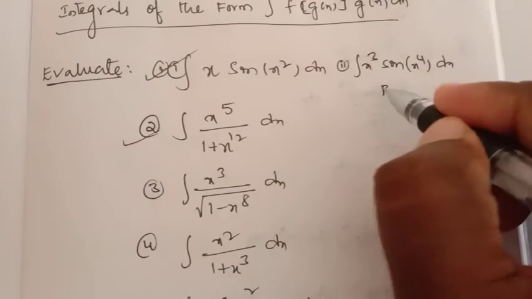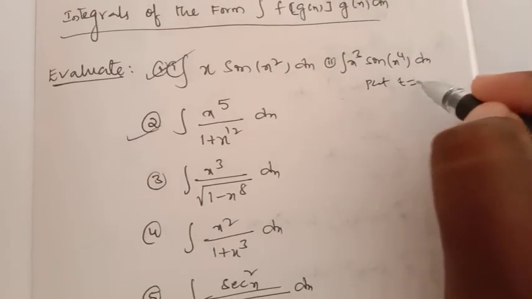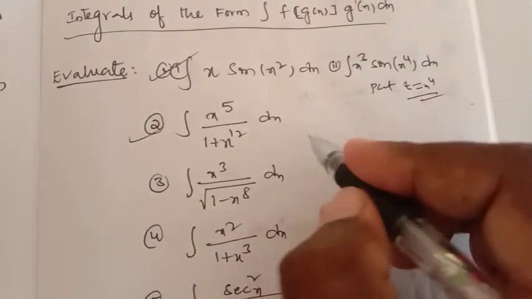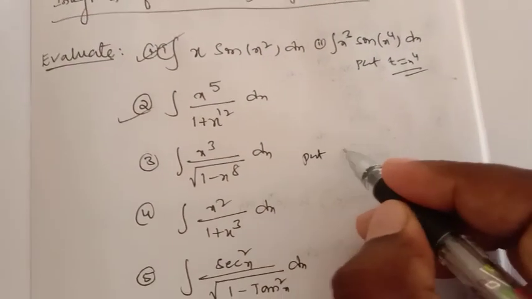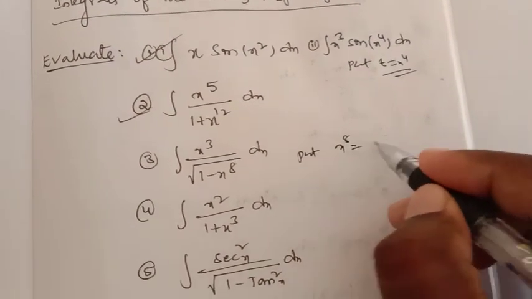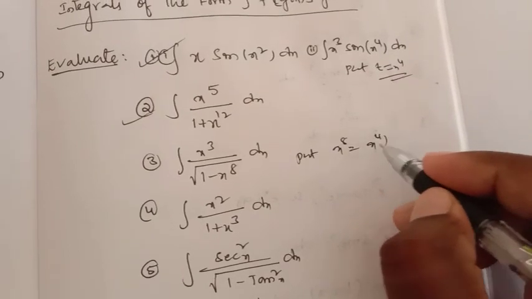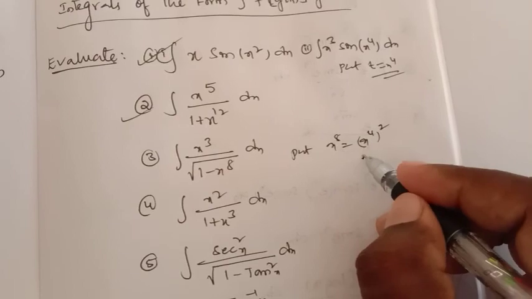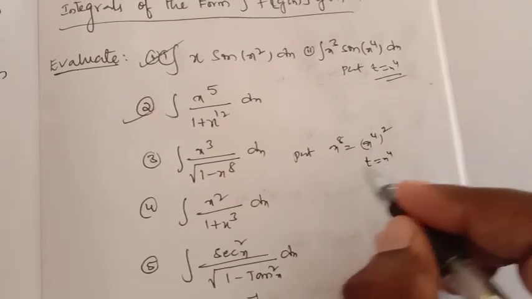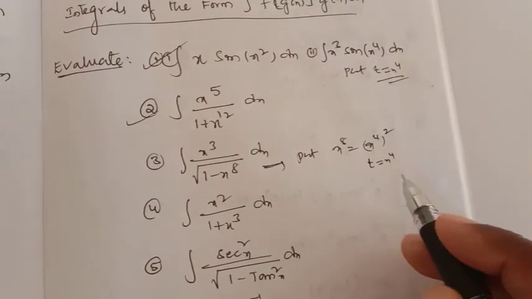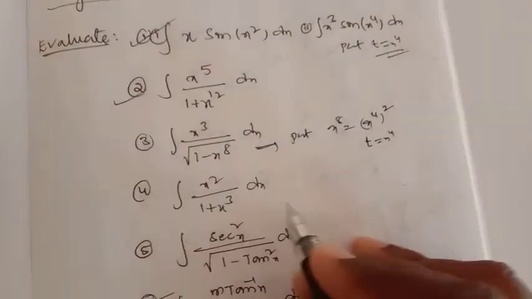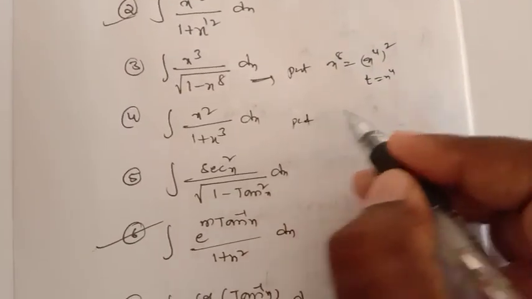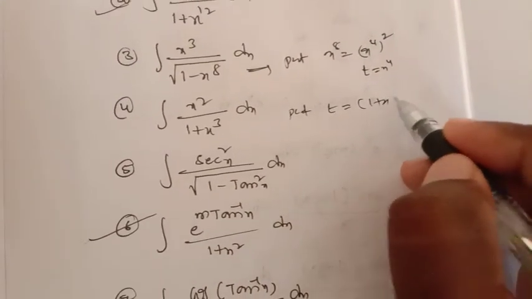And here put t equal to x to the power of 4. Here x power 8 you can write as x to the power of 4 whole square. Then you substitute t equal to x to the power of 4. Here put t equal to 1 plus x cube.